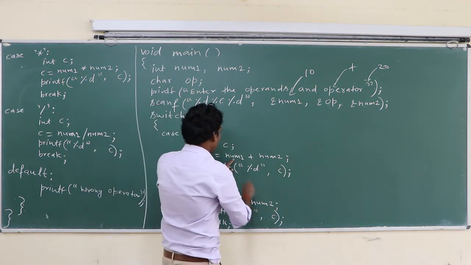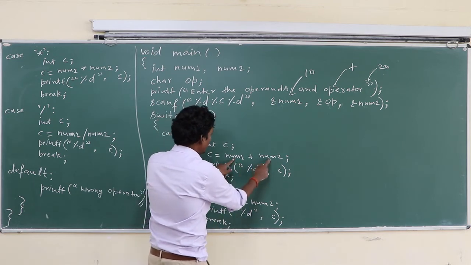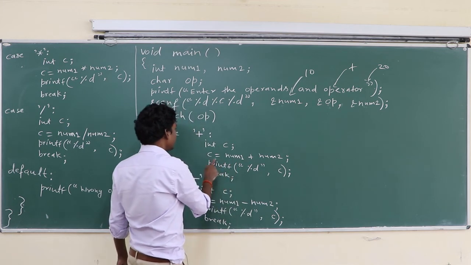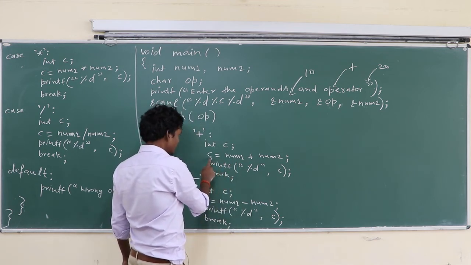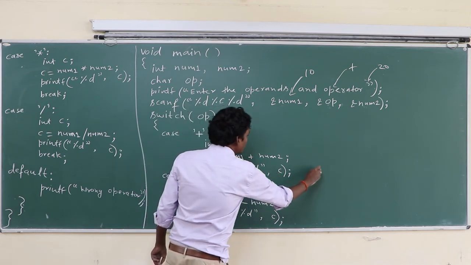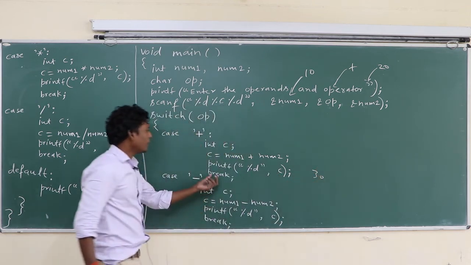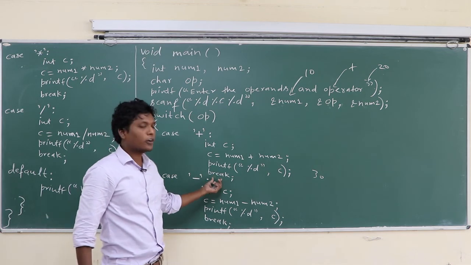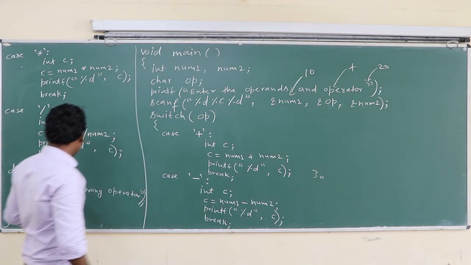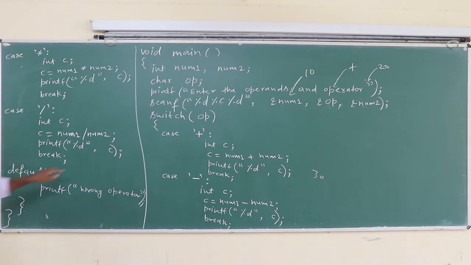The result will be 10 plus 20, 30. 30 is assigned to c. Printf prints 30, and break takes the control outside the switch block. The switch is open here and closed here.